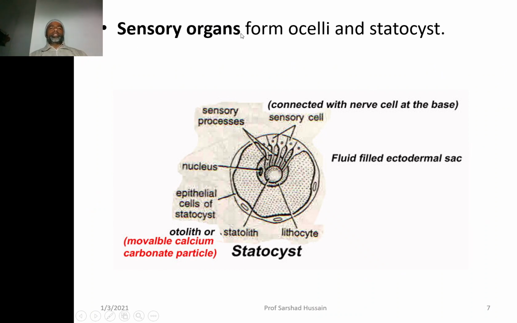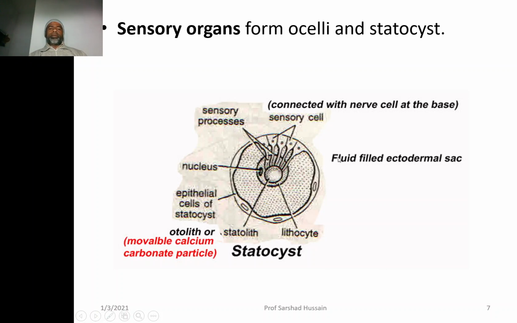They do have sensory organs in the form of statocysts. A statocyst has this type of structure. You can see that there is a cellular layer called the epithelial layer of the statocyst. Some cells of the epithelium are sensory in nature. They are called the sensory cells. They enclose a cavity inside them.